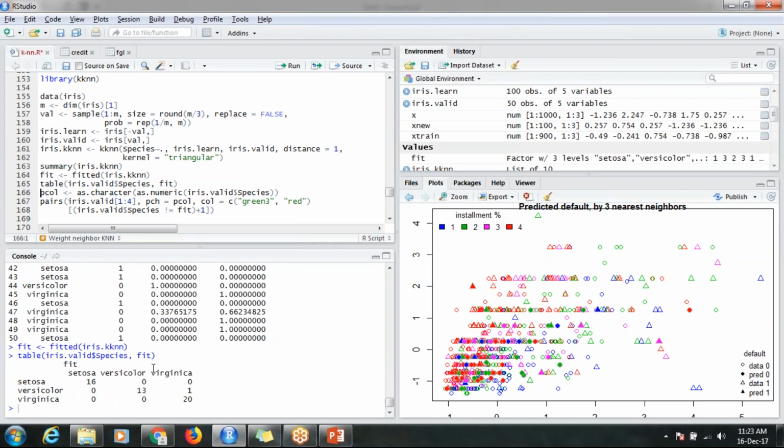The entire iris dataset consists of 150 data, where I have taken one third as a test. So here you can see m by 3. Out of 150, 50 has been taken as test dataset. If you add all of these, it adds up to 50. So I was testing on 50, and I can see only one misclassification. Otherwise, it has been classified quite well. Only one misclassification, so a very good performance.